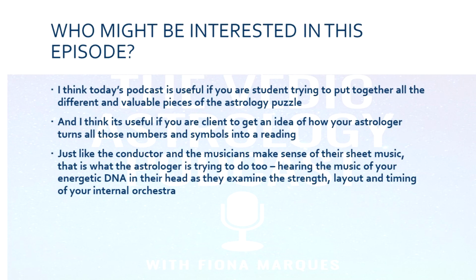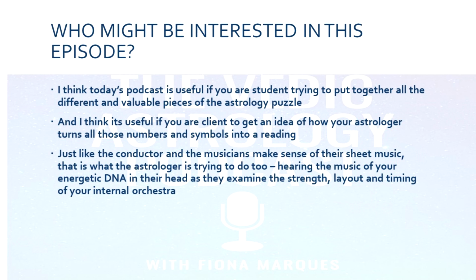And I think that this is really useful. Looking at an analogy like this is useful if you are a student trying to put together all the different and valuable pieces of the astrology puzzle. It's also useful if you're a client who's going for a reading or been for a reading, to get an idea of how your astrologer turns all of those numbers and symbols on the screen into a reading.